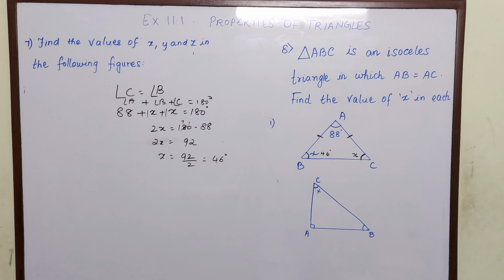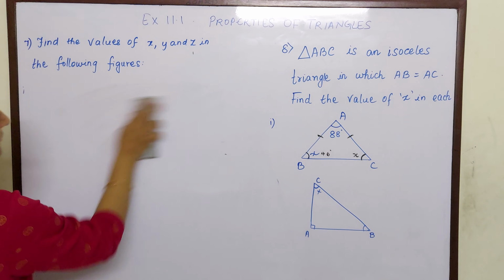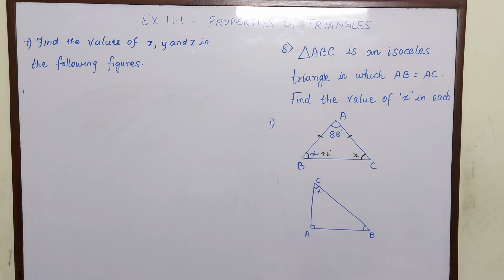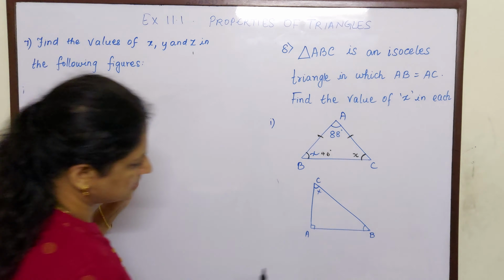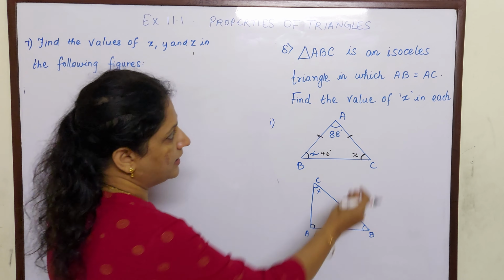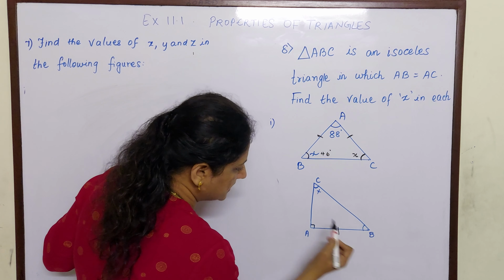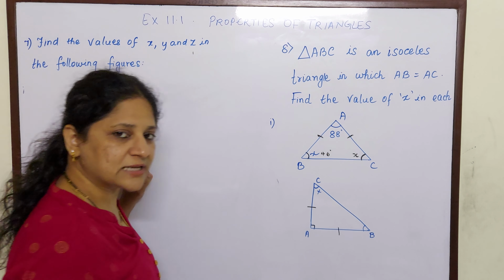Here also they have given the same A, B, C, and here now they have told that, see children, they have given us the shape this, right? That means this is a right angle triangle, and here AB is equal to AC. That means this side is equal to this side.